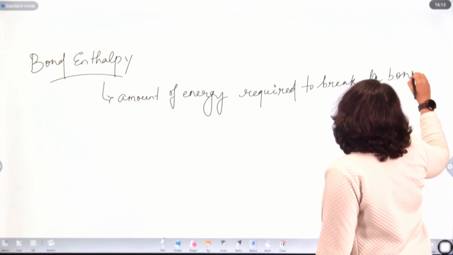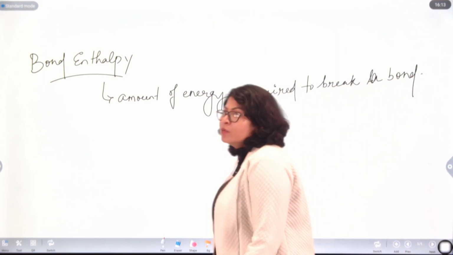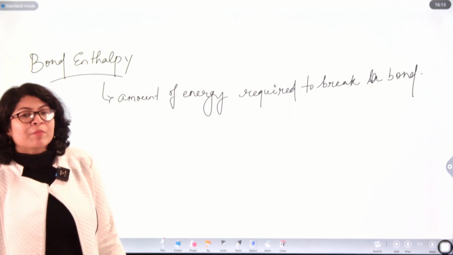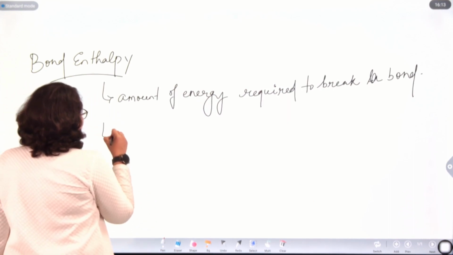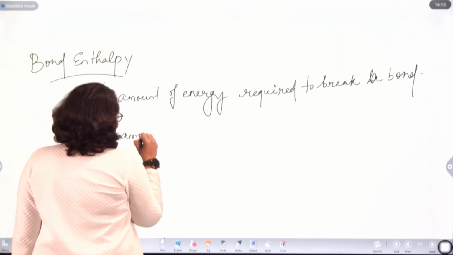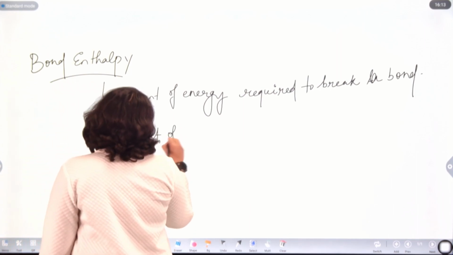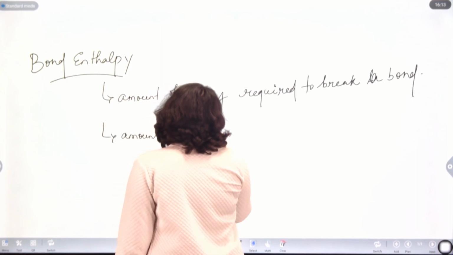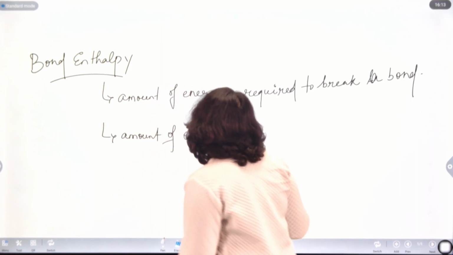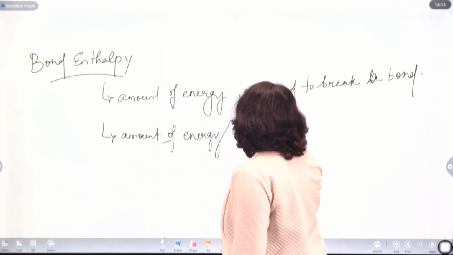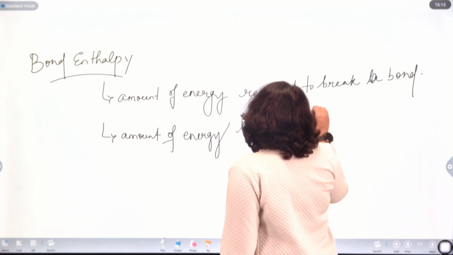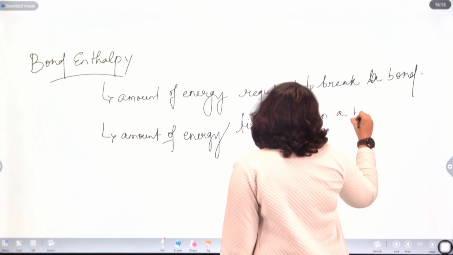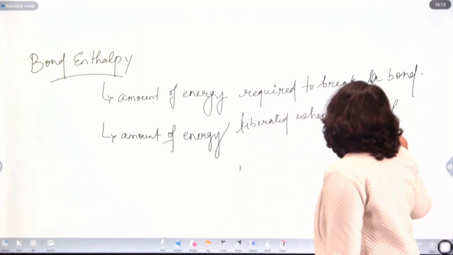Whichever bond it is, ionic bond, covalent bond, metallic bond, the amount of energy required to break a bond, or in other words, the amount of energy liberated when a bond is formed.